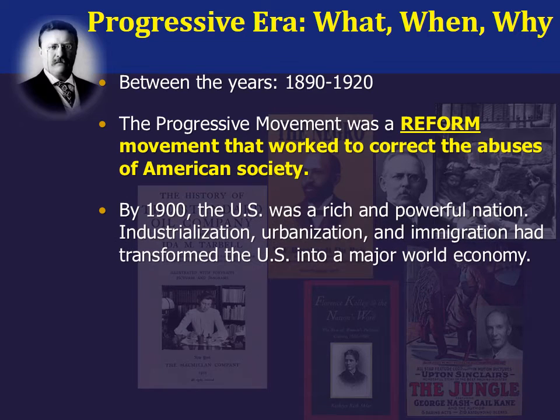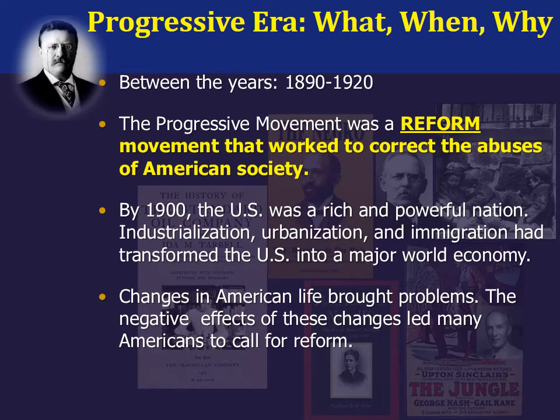So by 1900, we're rich, we're powerful, and we've transformed into a major world economy. So this is big time for us. We're setting the stage for what's going to be referred to by other historians as America's century. The 20th century is America's time. So we have changes in life. We know the positives and the negatives of the Industrial Revolution.